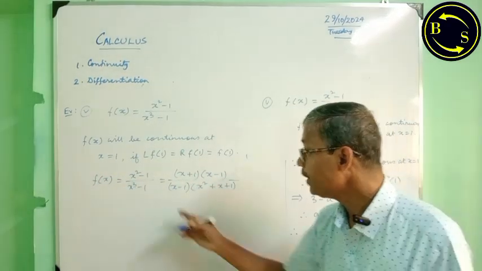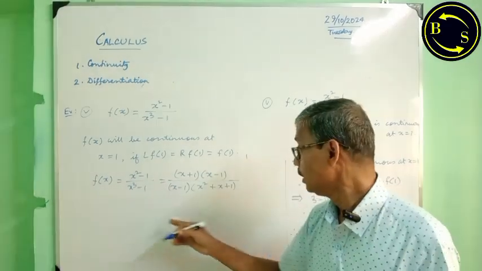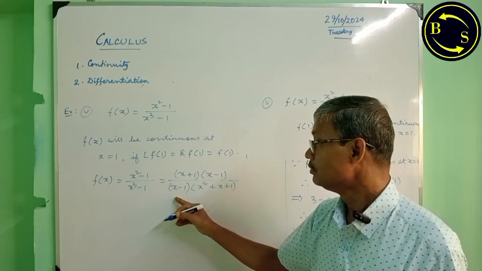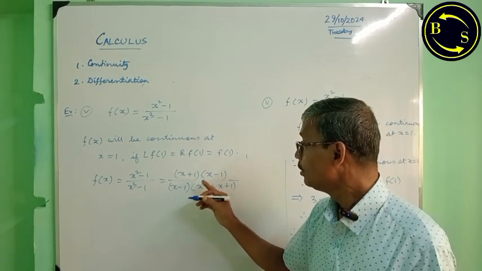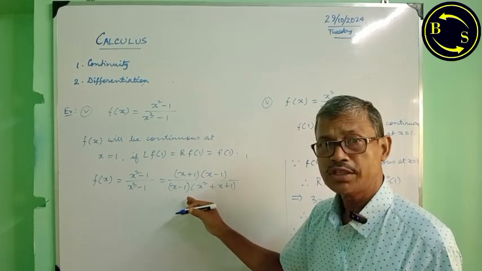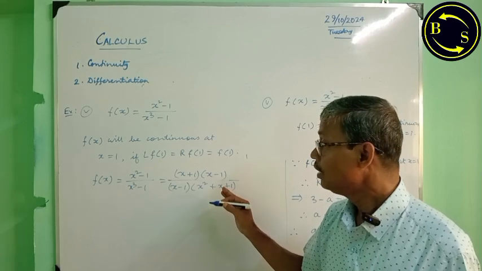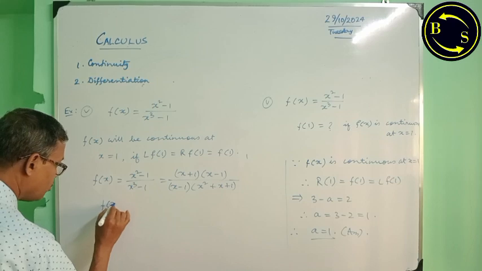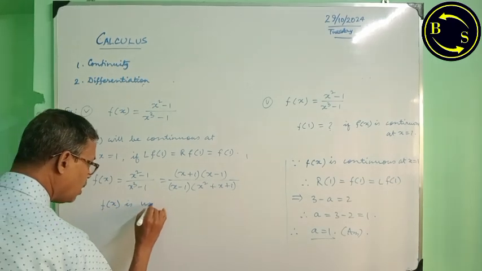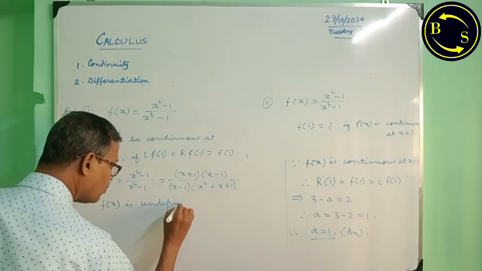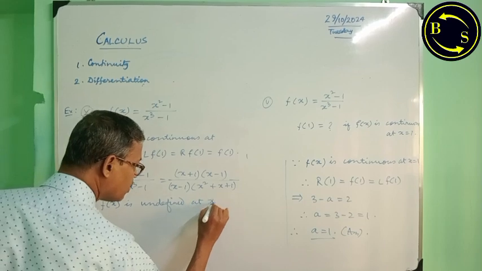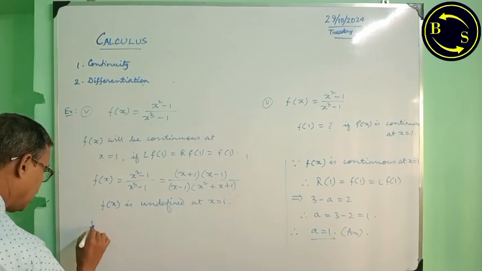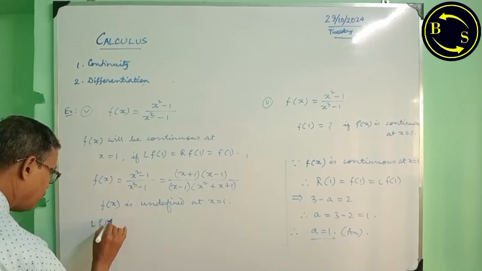We note that if x be 1, then the value of x minus 1 will be 0. We cannot divide both numerator and denominator by x minus 1 if x equal to 1. That means f(x) is undefined at x equal to 1. Now let us calculate Lf(1).